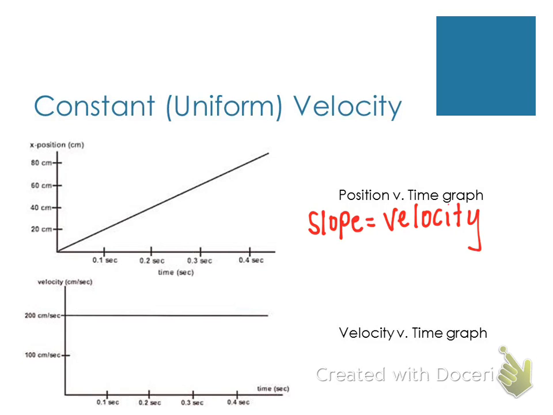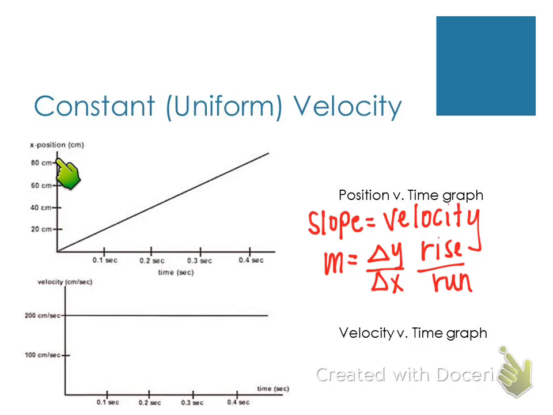When you find the slope of a linear relationship, it's delta y over delta x, or rise over run. On this particular graph, what variable for velocity would go on the y-axis? I know that sounds kind of weird.